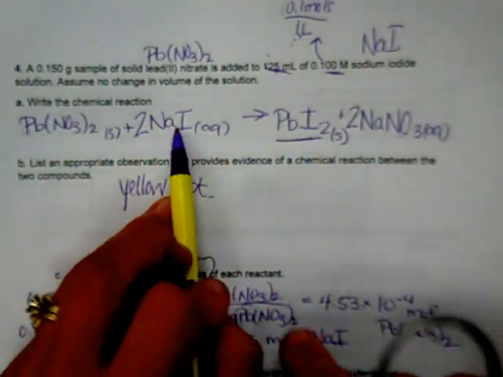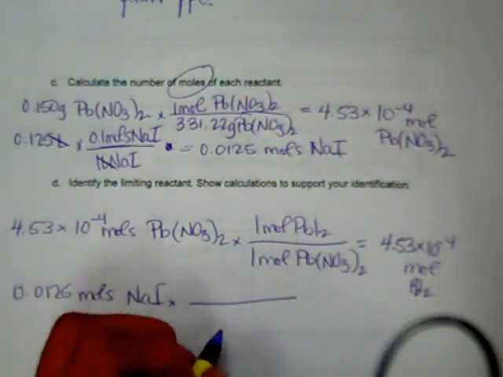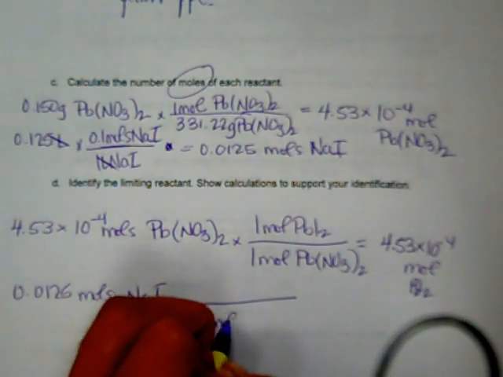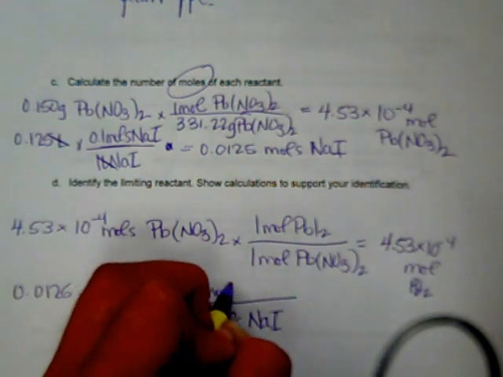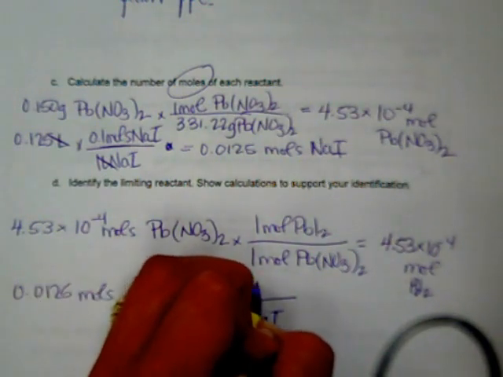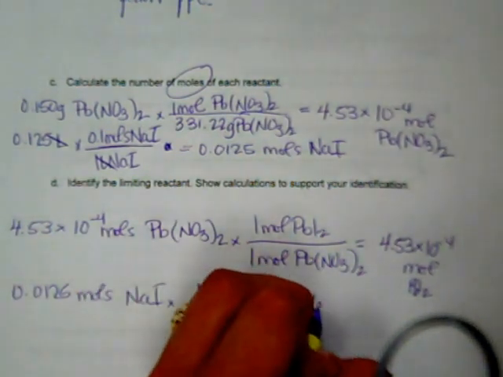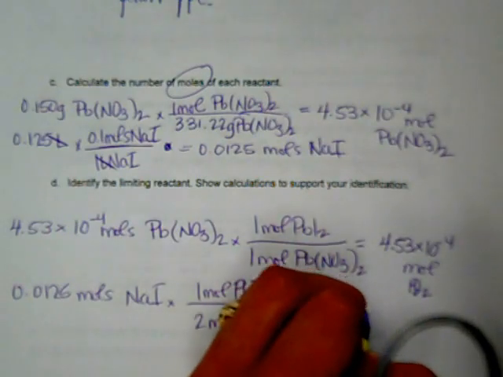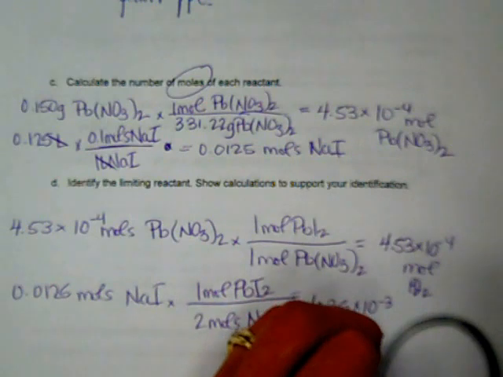For every 2 moles of sodium iodide, I produce 1 mole of a product. So now I'll put that in my denominator. For every 2 moles of sodium iodide, I only produce 1 mole of my product, according to my balanced chemical equation. So 0.0125 divided by 2 is 6.25 times 10 to the negative 3rd moles of PbI2.